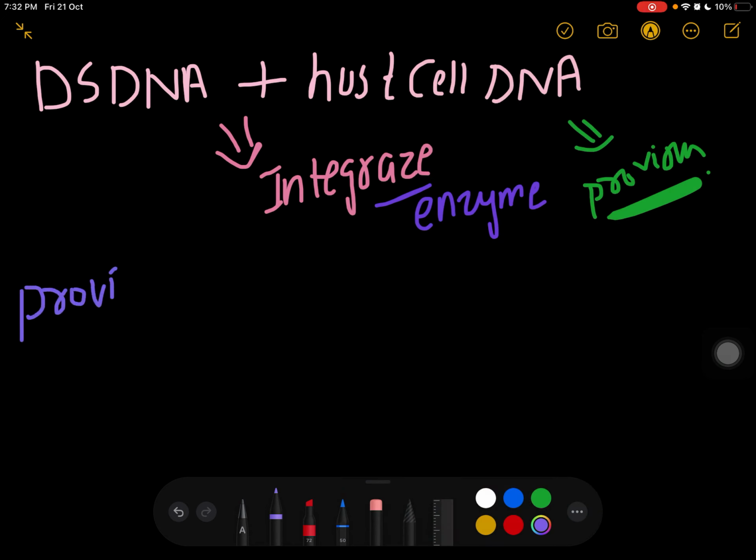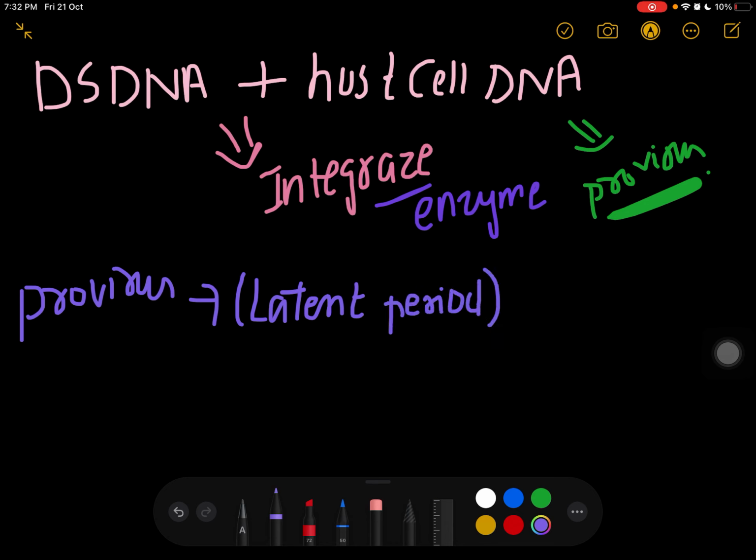Now that provirus will move to the latent period, which means the dormant period. Okay, why is it moving to this? What's the reason that the provirus is moving to the latent period?